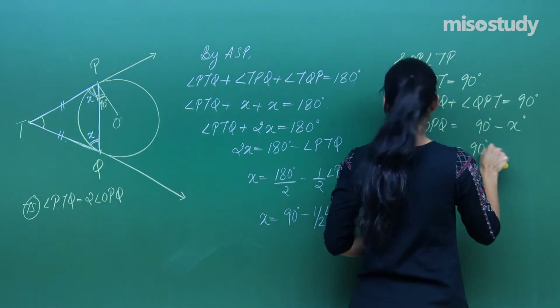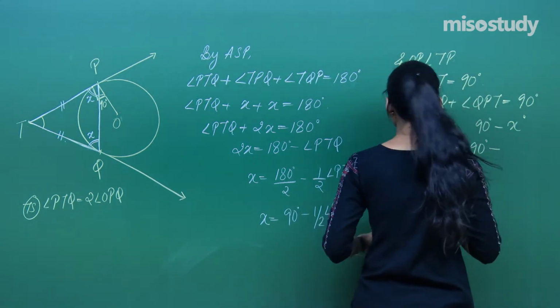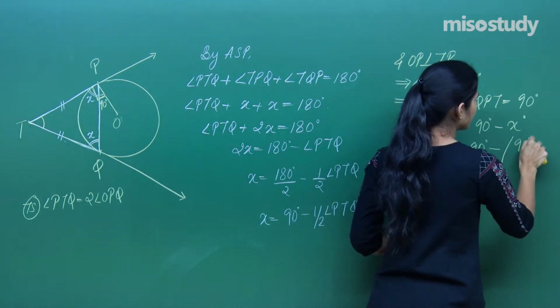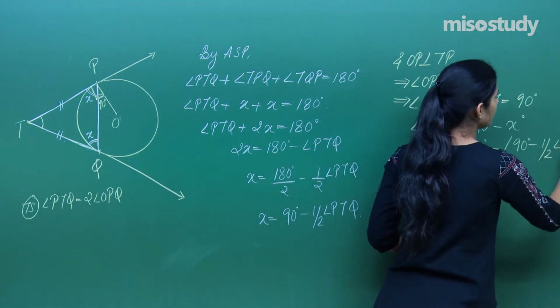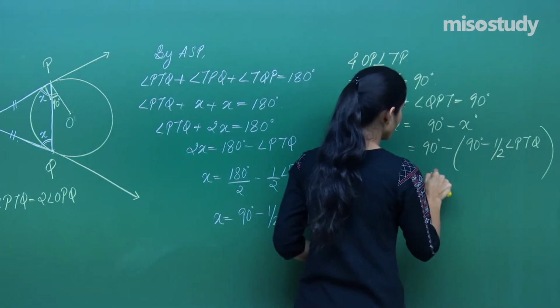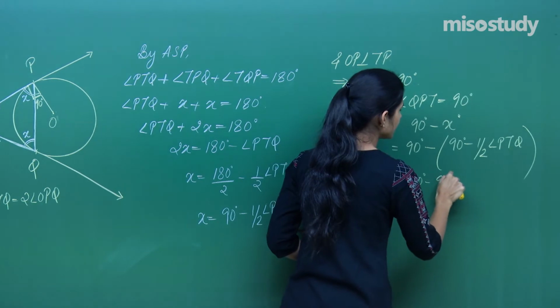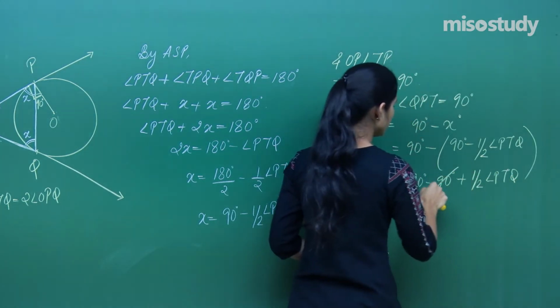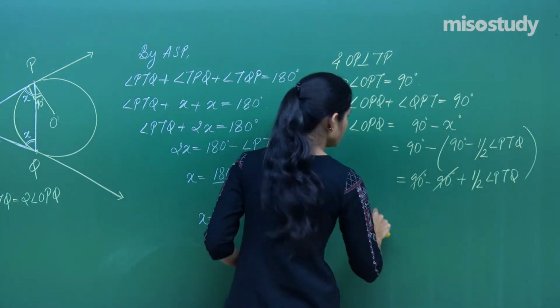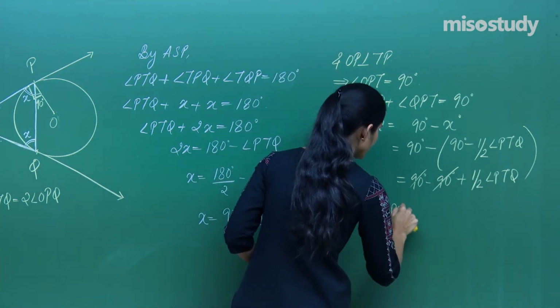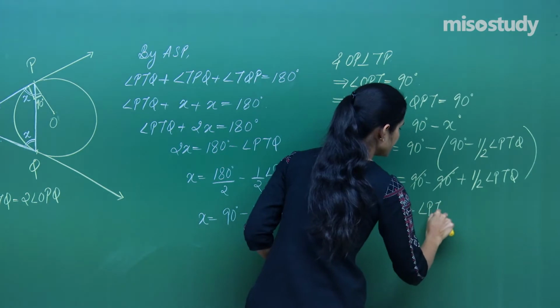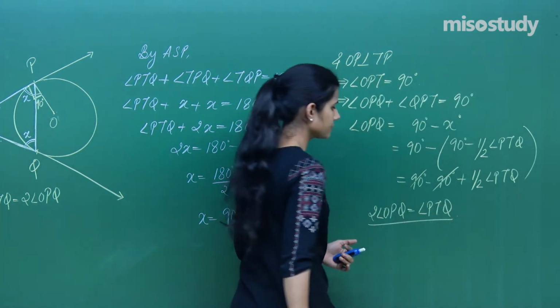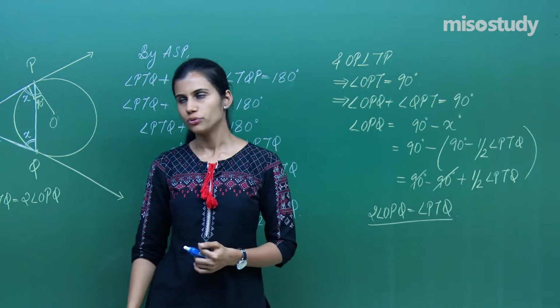But what is x? x is 90 minus half of PTQ. So it is 90 minus 90 plus half of PTQ. What do you get? You get twice of angle OPQ is angle PTQ. And that is what you had to show.